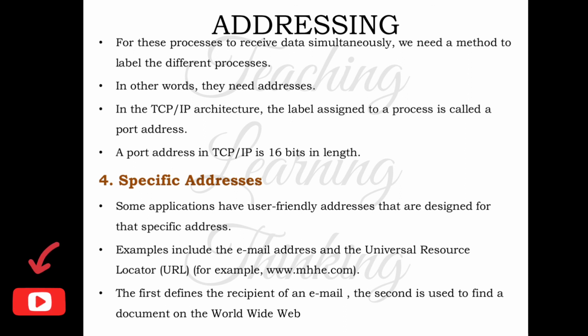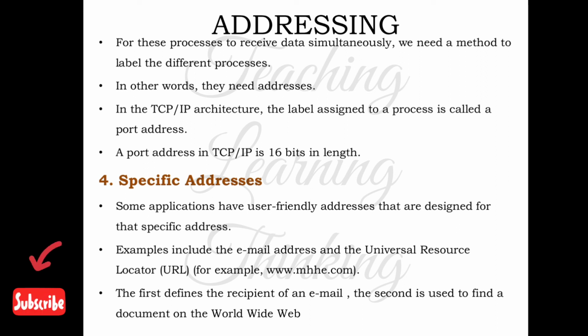In other words, they need addresses. So in the TCP/IP architecture, the label assigned to a process is called a port address, and a port address in TCP/IP is 16 bits in length. That's all about the port address.